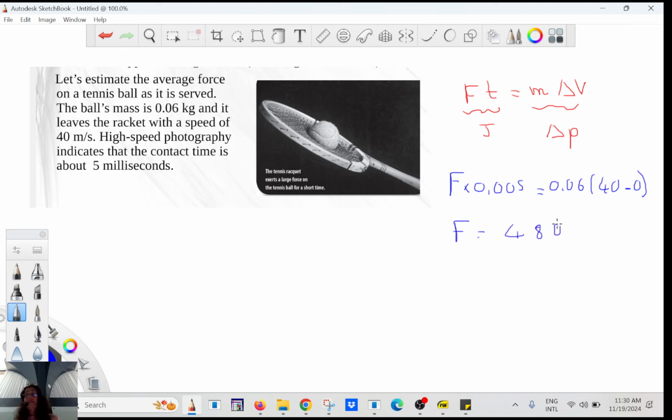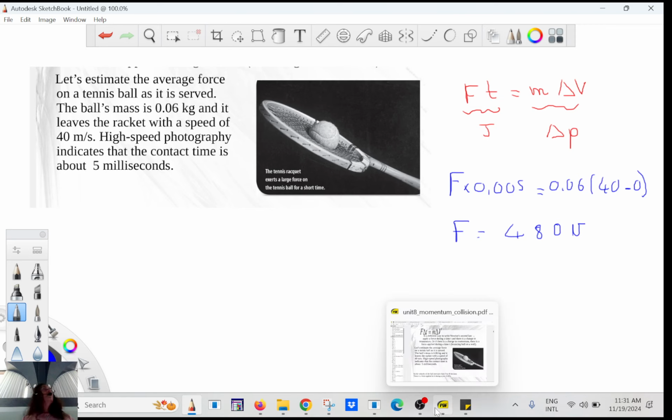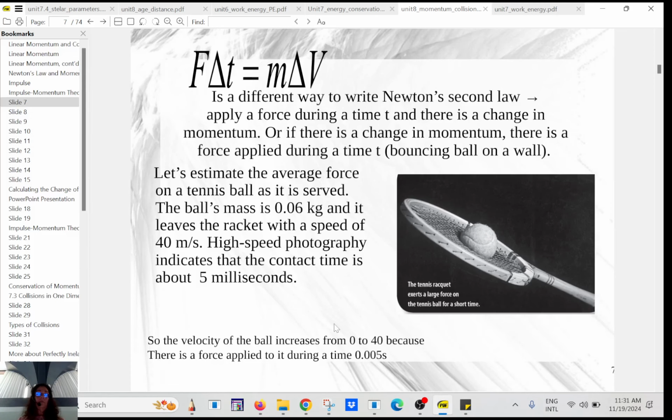Exactly, 480 Newton. And you divide by 5 to get pounds. So then you tell me if it makes sense or not. Does it make sense, that many pounds? Yes? Okay, so that will be in Newton. Is that clear? It's easy, right?